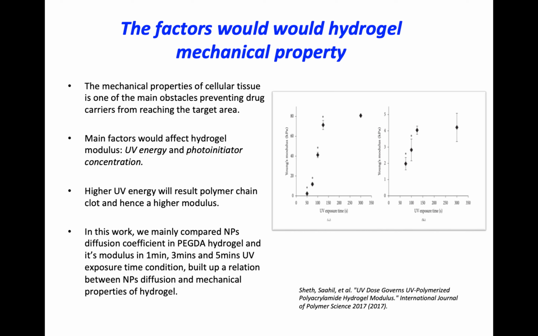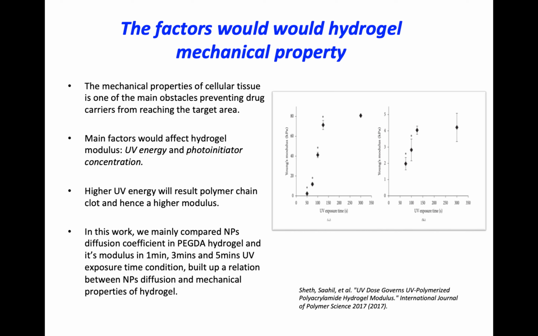There are a lot of reports related to the mechanical property of the hydrogel. For example, in this paper, we can see the hydrogel will have different Young's modulus in different exposure time conditions.